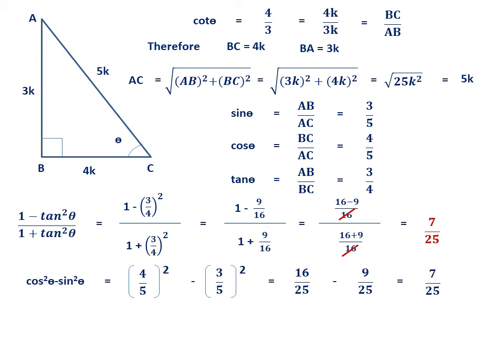This is also 7 by 25. You can see both are equal. Therefore, what is your conclusion? Therefore, we can say (1 minus tan square theta) by (1 plus tan square theta) equal to cos square theta minus sin square theta. As I told you, this is an identity actually. We can prove this type of identity later. So this is the example.